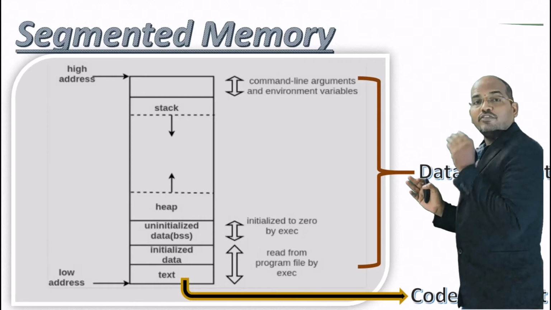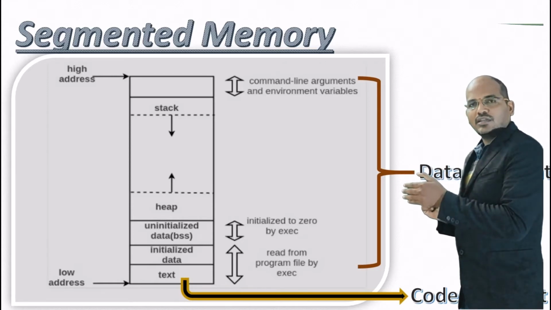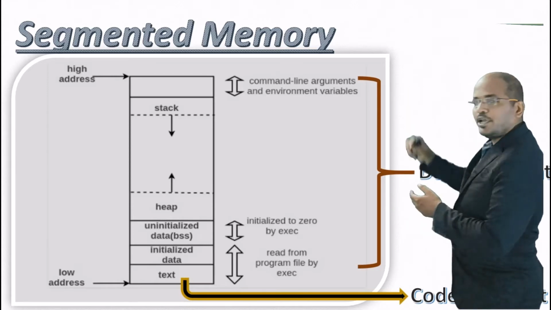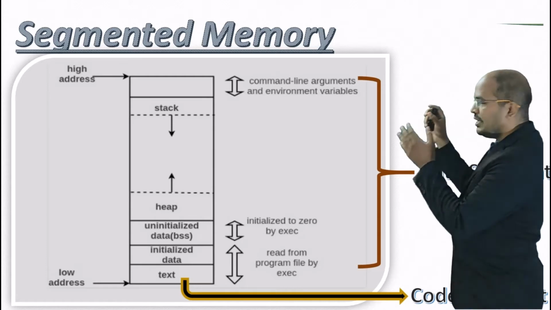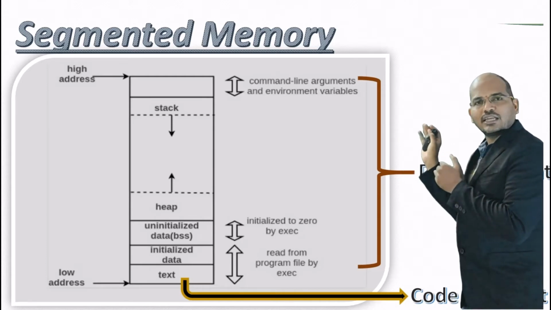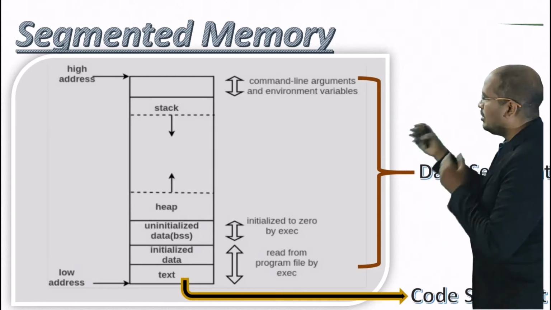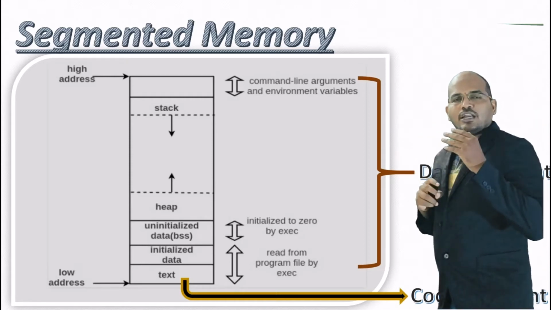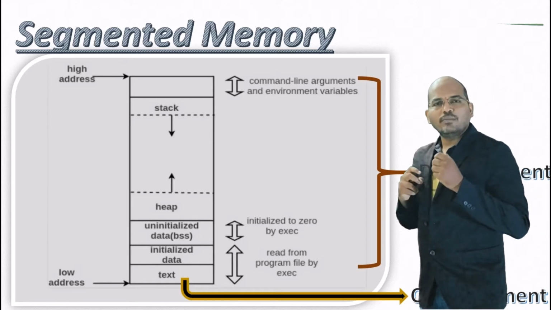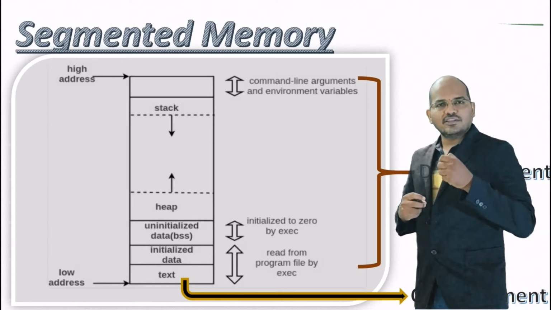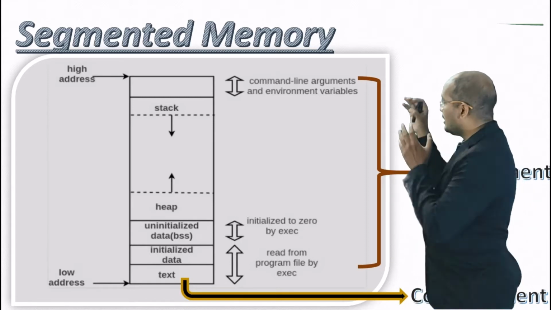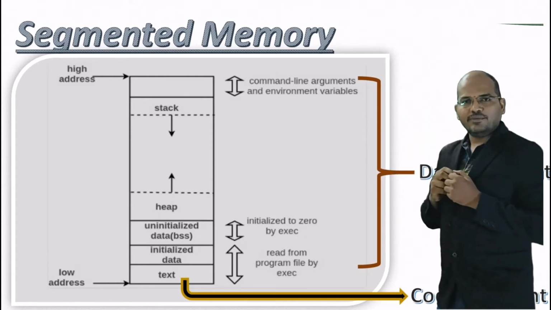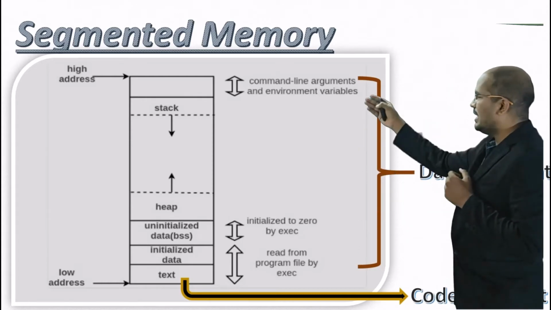All the remaining space of the segmented part of main memory is called the data segment, because in the data segment we load all the other variables. All the variables that are used as part of the program, which will be processed as per the instructions written, are kept in this data segment area. So we have the code segment and the data segment.